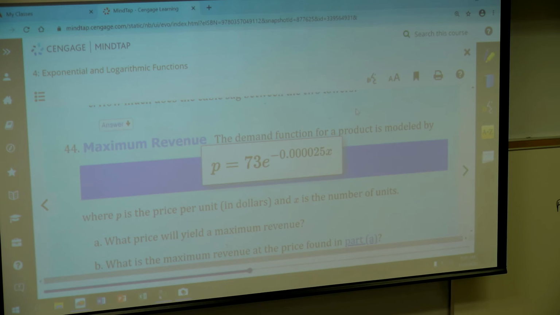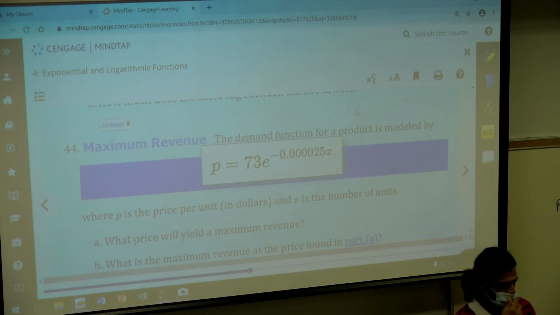How is it related to price? Price is how much you charge them to make the money. The higher your price goes up, the less quantity demanded, so you don't make as much revenue. Well, yes, all of those are correct answers, but as a formula, how is revenue related to price or vice versa?